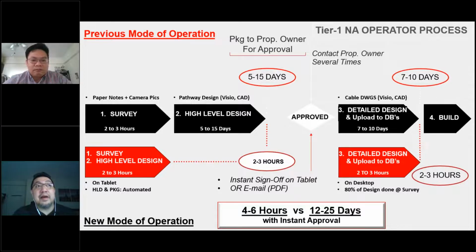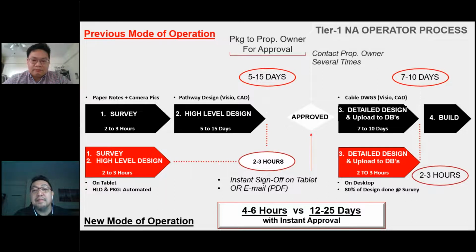And if you have a soft document to show the developer supervisor stating this is where we're going to put your ODFs, your cables, your clear tracks, then you can have an instant sign-off to go and finalize the detailed design.